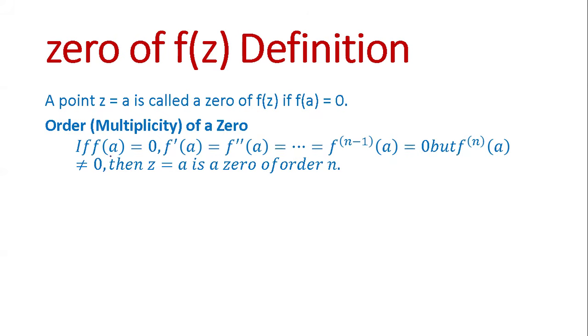If f of a is equal to 0, f dash of a is equal to f double dash of a and so on, f raised to n minus 1 of a is equal to 0, but f of nth order differentiation is not equal to 0, then z is equal to a is a zero of order n.